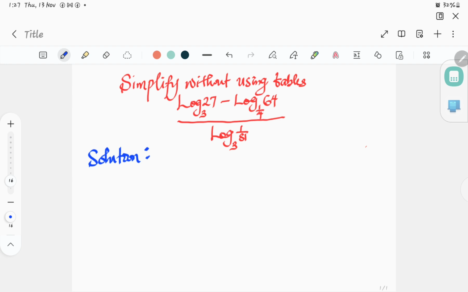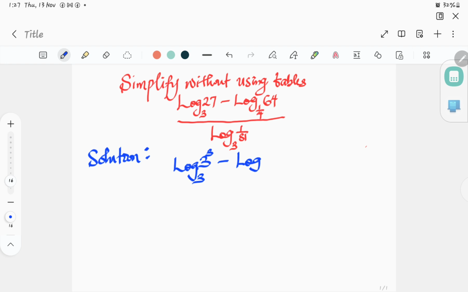So from this first one, we can simplify 27 to be the same as 3 raised to the power of 3. So 3 raised to the power of 3 is indicative of 3 multiplied in 3 places, minus log.